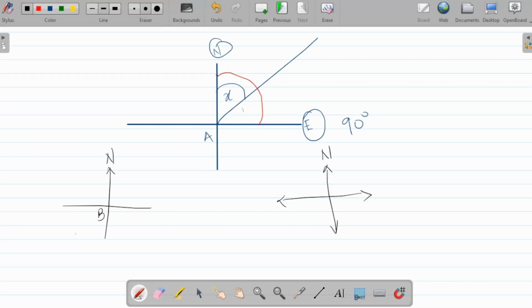From the north, you go clockwise, the direction the clock is moving. So from north, you go to the east, then to the south, to the west, and then back to north, and it continues like that.